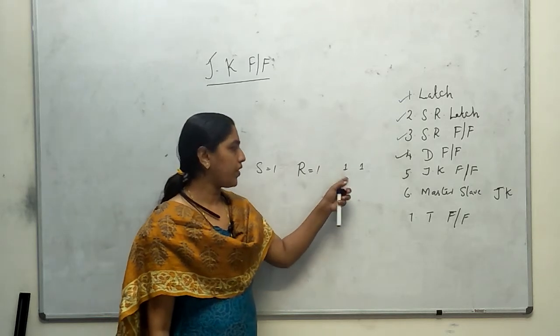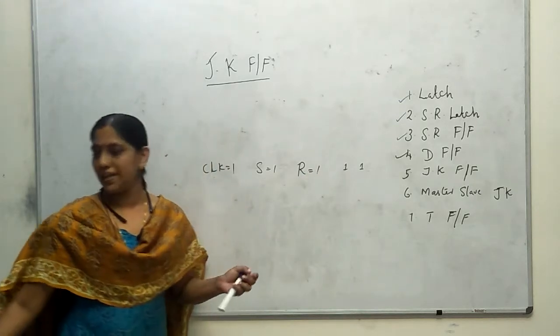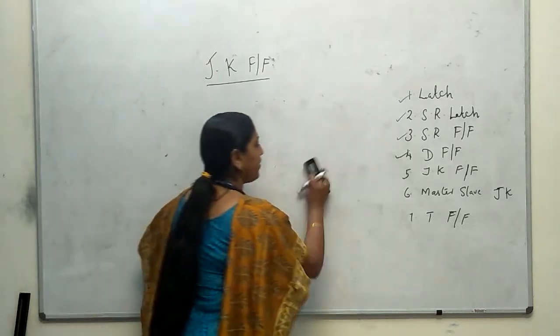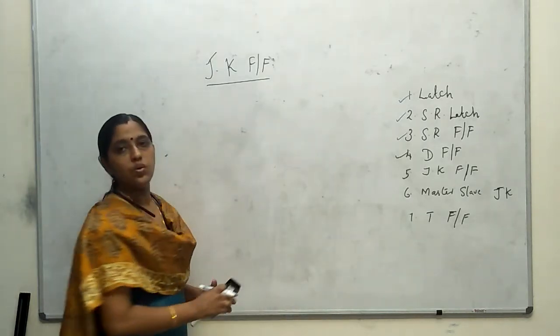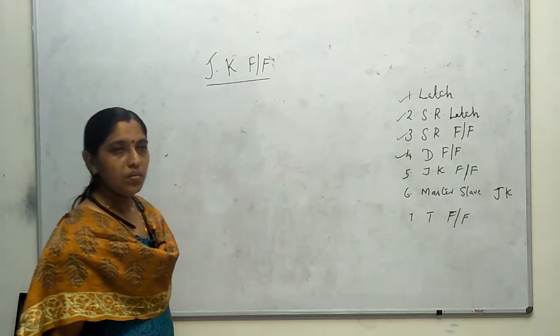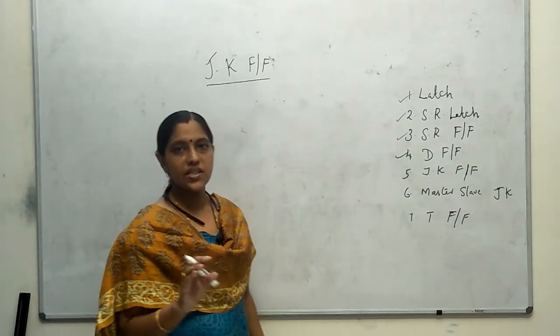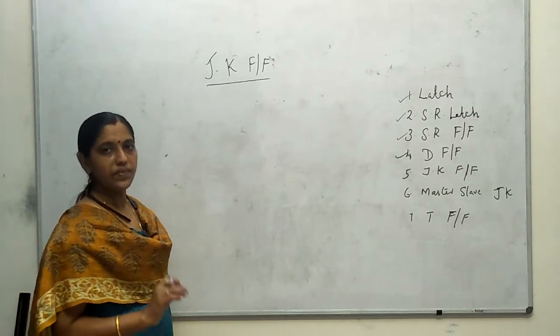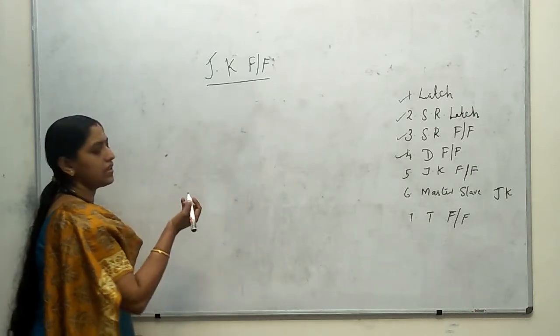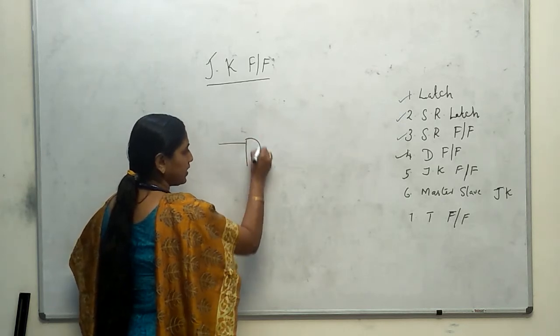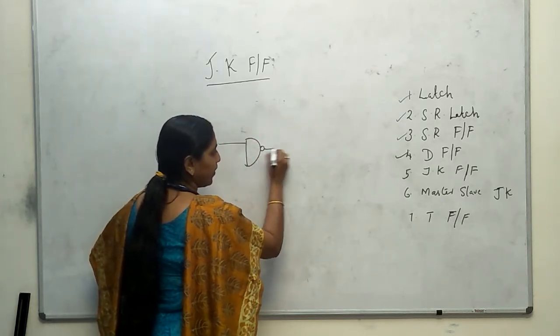In order to overcome this problem in the SR flip-flop, they have designed a new circuitry, and almost all the internal connections are the same as the SR flip-flop with a small change. So I will draw the diagram for that. This is our SR flip-flop.